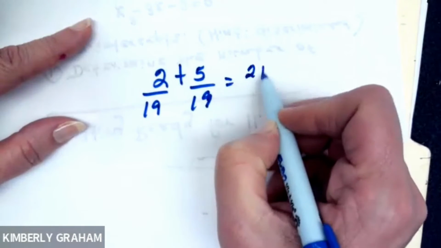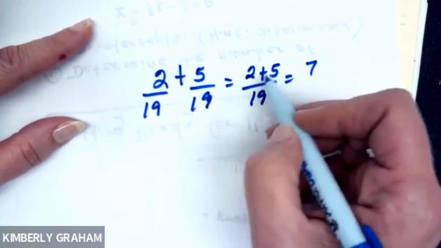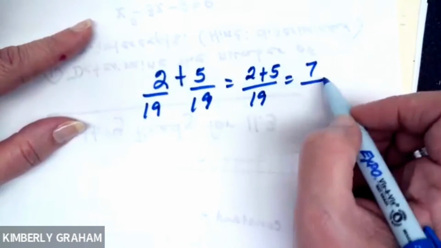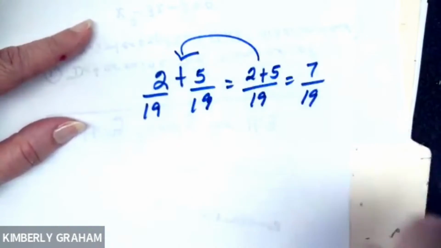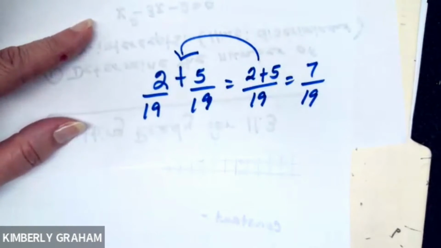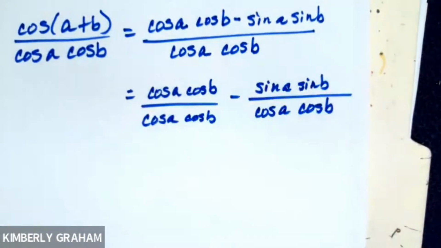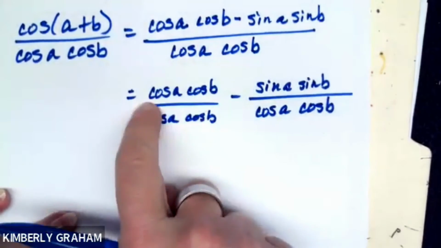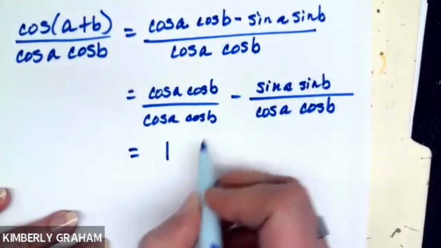Well, really what I have here is this intermediate step of 2 plus 5 over 19, which is 7/19. So I can actually start here and go backwards. And that's what I'm doing here, is I want to take that fraction and separate it into 2 different fractions. Well, this is just 1, right? So anything divided by itself is 1.